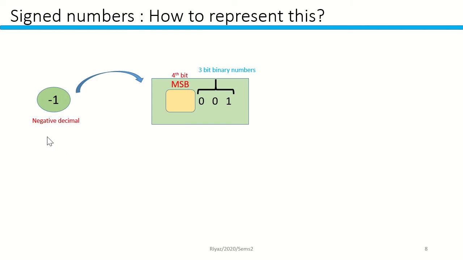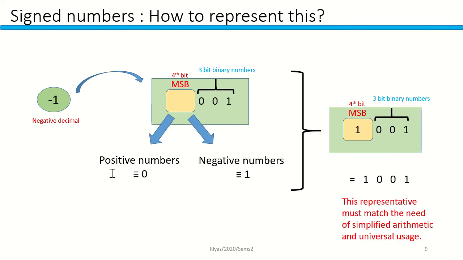Therefore we need a new, universal method to show this negative 1. Let's say you have decimal 1, which is equal to 0001 or maybe 001. This is in a 3-bit binary number, and we have a header. This header is called the MSB, the most significant bit, which is the fourth bit. For positive we sign it as 0, and for negative we sign it as 1.